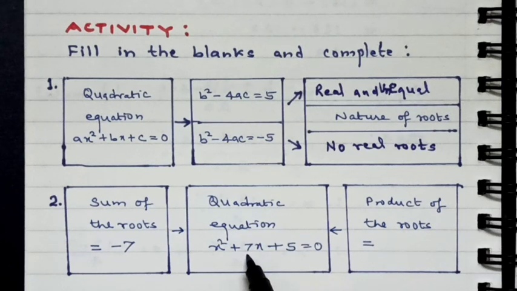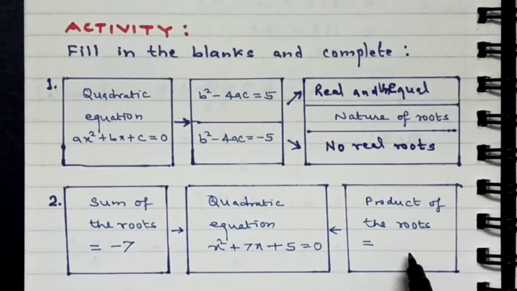So b is 7, so minus b means minus 7. Whereas the product will be c. Here c is 5, so just write 5. Remember, alpha into beta is equal to c if a is equal to 1. Alpha plus beta is equal to minus b if a is equal to 1.